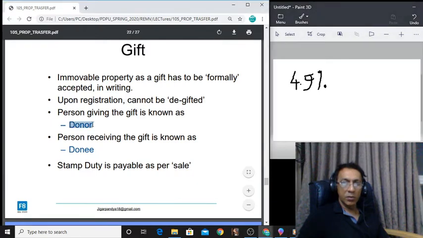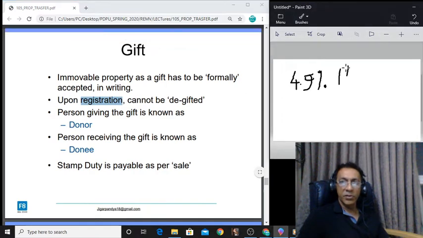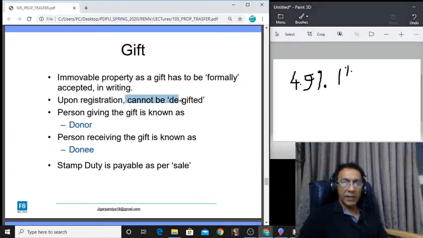Donor is the person who is giving the gift, whereas donee may be responsible for getting the registration. Okay, which is 1%. Okay, 1% registration charges, and upon registration, a gift cannot be regifted. So that is an important part of gift.